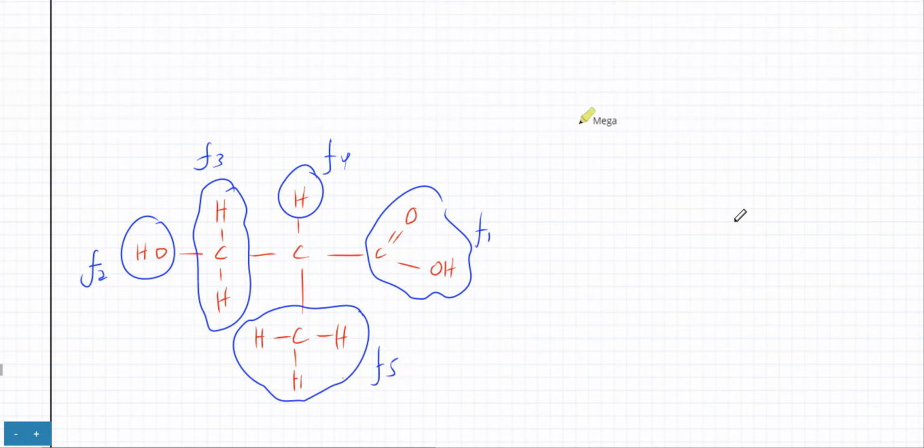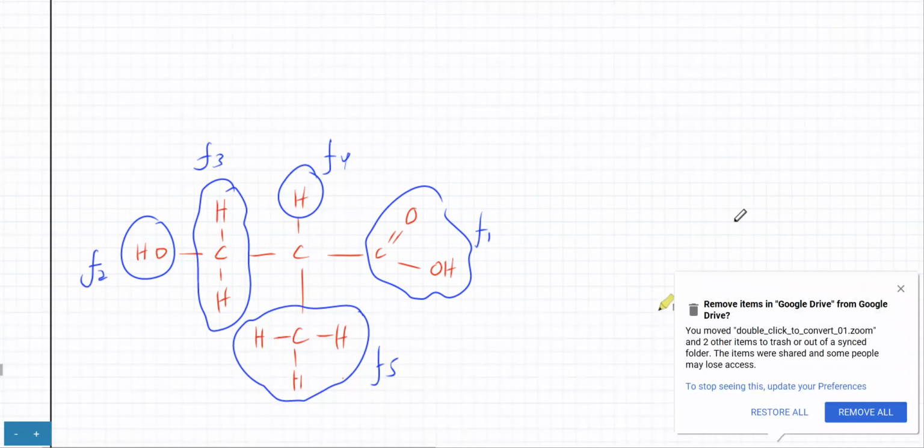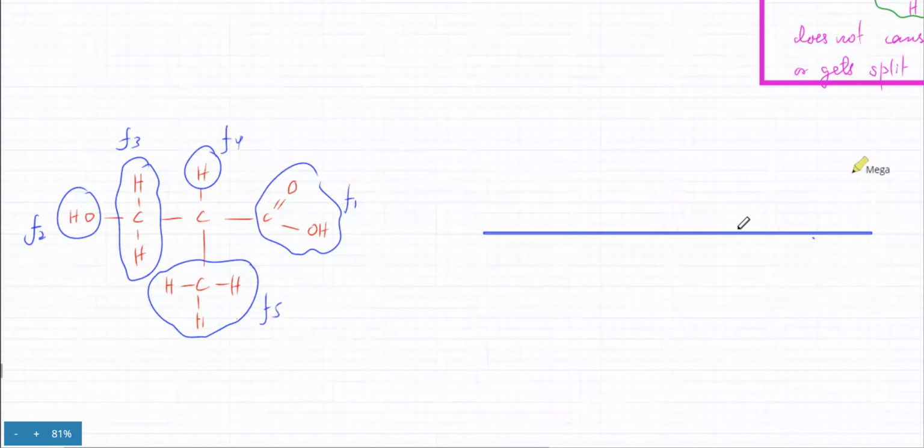So in total, you're going to have 5 different frequencies that would be absorbed.